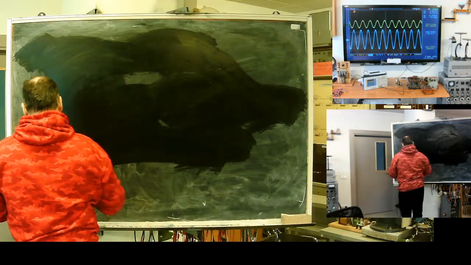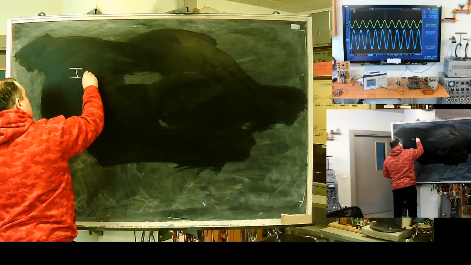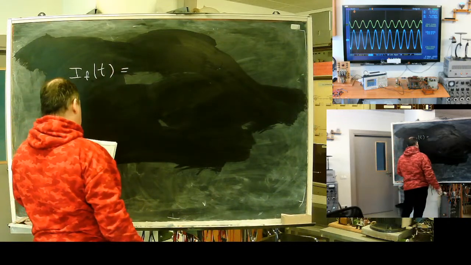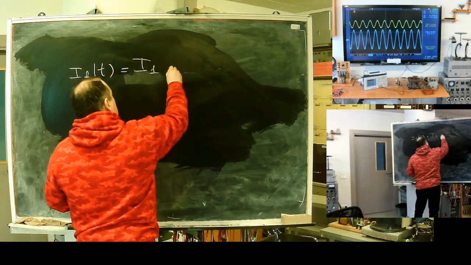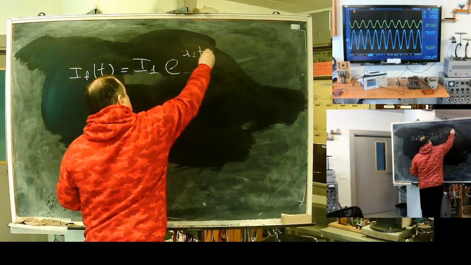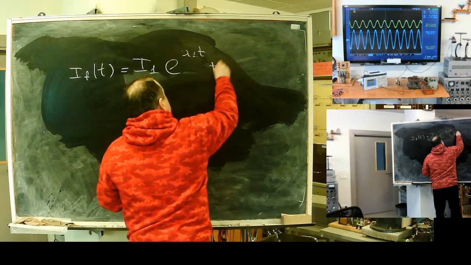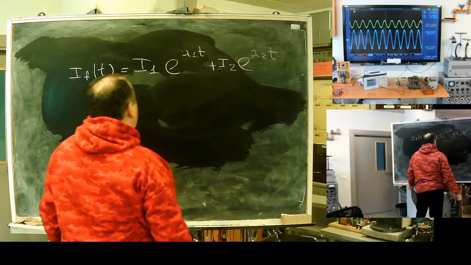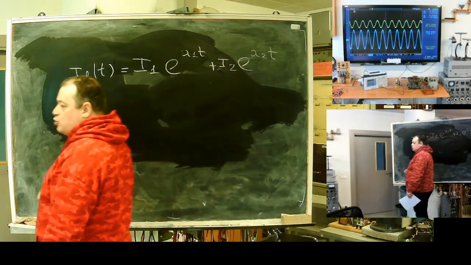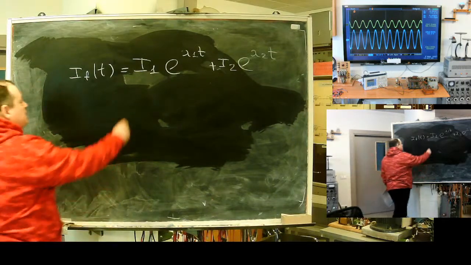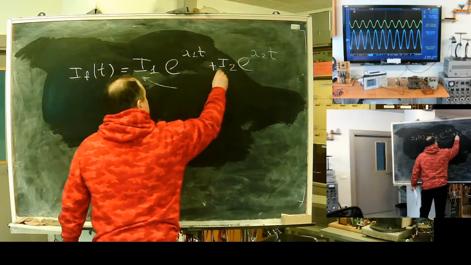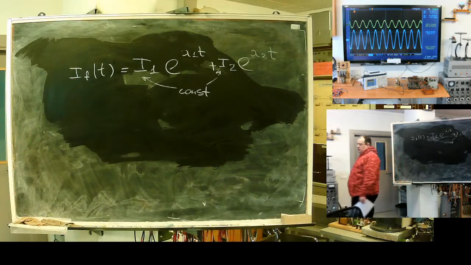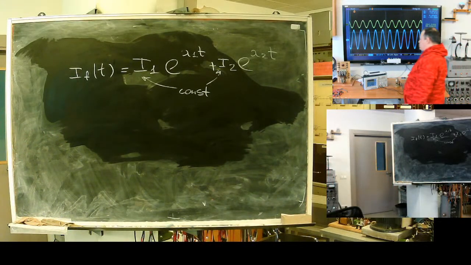And the solution, free current as a function of time, will be I1 e power lambda1 time plus I2 e power lambda2 time, where lambdas are roots of the equation and these two constants depend on the circuit state at the commutation moment.